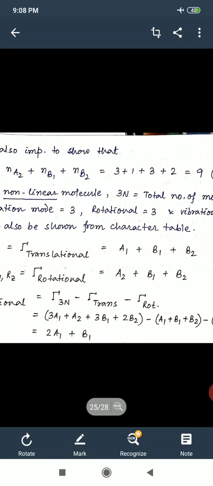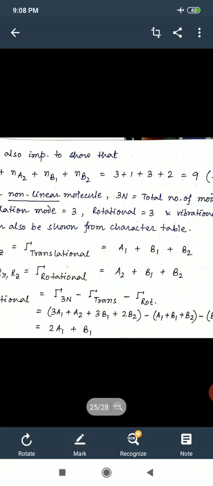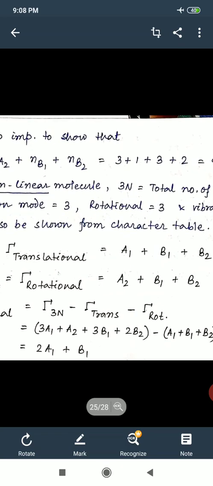That should be the Bethe notation of 3n, meaning all total reducible representations in the form of irreducible representations, minus the Bethe notation of translational, minus the Bethe notation of rotational. For 3n, we have already derived 3A1 plus A2 plus 3B1 plus 2B2, minus translational, minus rotational, and it comes to 2A1 plus B1. So the Bethe notation of the vibrational modes is 2A1 plus B1.